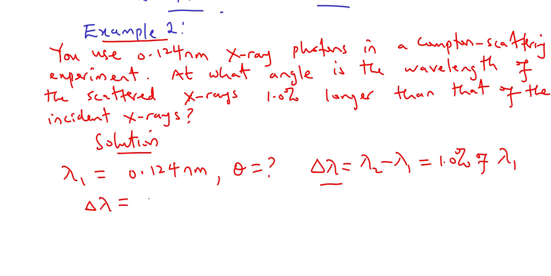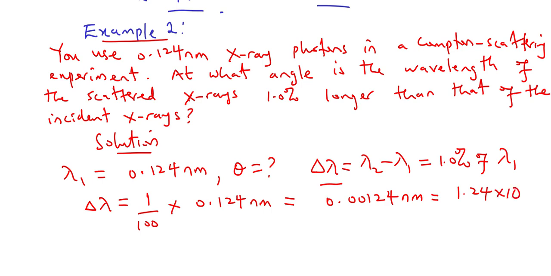That is 1 divided by 100 multiplied by 0.124 nanometer, which gives 0.00124 nanometer. We can convert this to meters: nanometer is 10 to the minus 9, and there is another minus 3 here, so that will be 1.24 times 10 to the power minus 12 meters. That will be the change in wavelength.